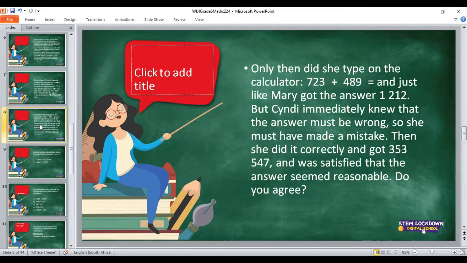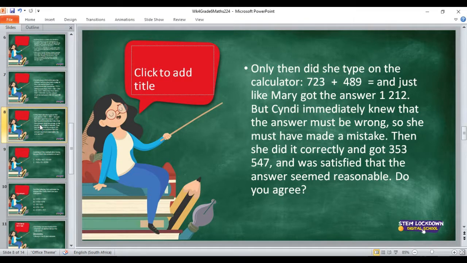Do you see where our estimation helps us? Because Cindy pressed on the calculator 723 plus 489, and she gets the correct answer because she pressed the plus sign, which makes the calculator correct.